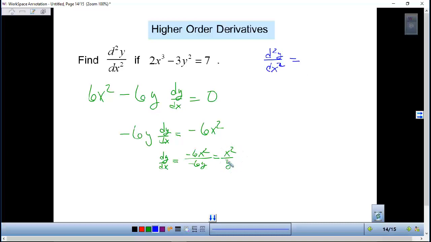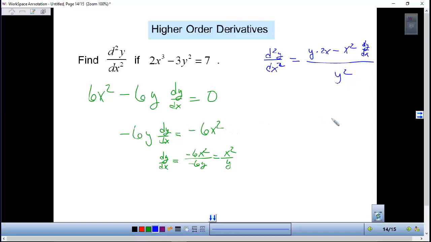Well, that's a quotient, so you're going to have to use the quotient rule with implicit differentiation. So bottom y times the derivative of the top, 2x, minus the top x squared times the derivative of the bottom, which is going to be 1 dy/dx, all over the bottom squared, which is y squared.